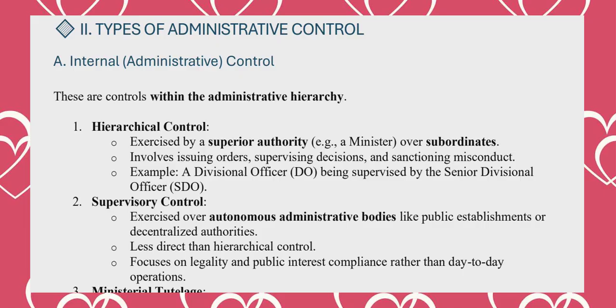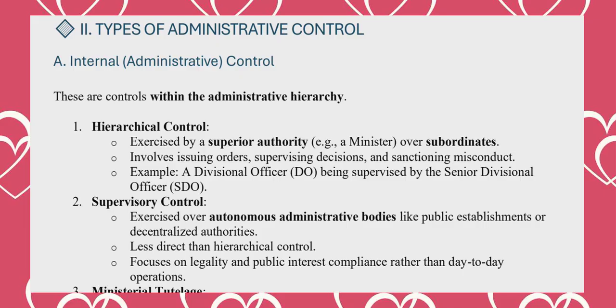We have the person that is exercising the control, who is known as the hierarchy, and then we have the person who is being controlled, who is the subordinate. So how can this control take place? The issuing of orders, supervising decisions, and sanctioning misconduct are ways that the hierarchy uses to control their subordinate.